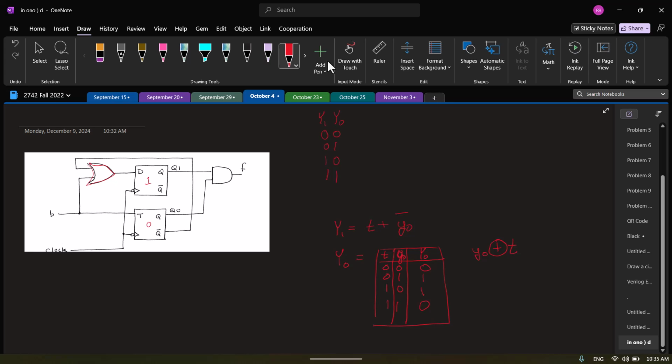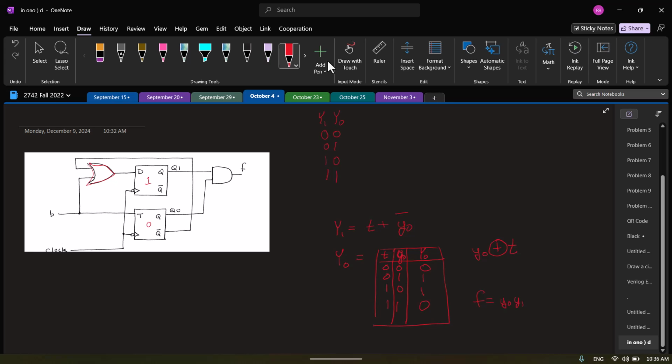Well, it is. Okay. All right, and now our output F is the AND of y0 and y1. So there's our next state expressions and our output expression.